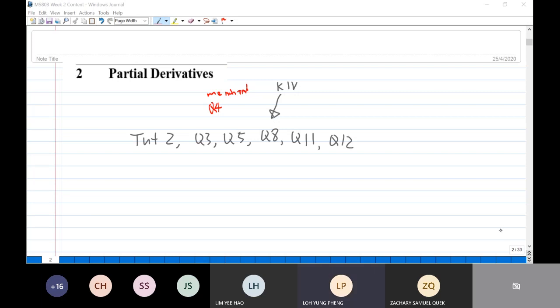If I don't do VPN, I cannot mark attendance. Okay, VPN, mark attendance. 4, 8, 1, 5.